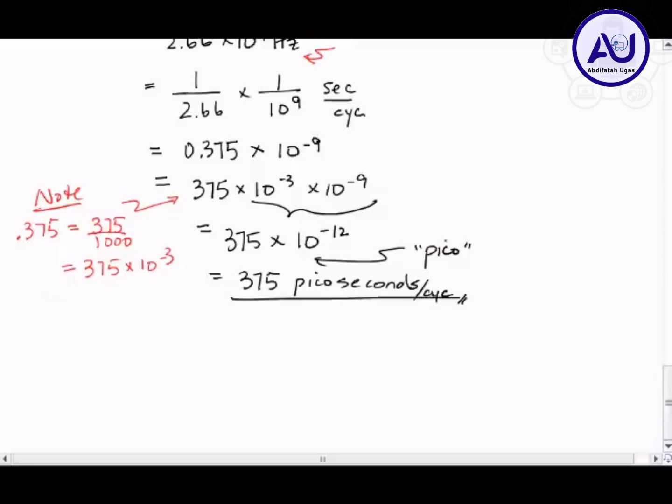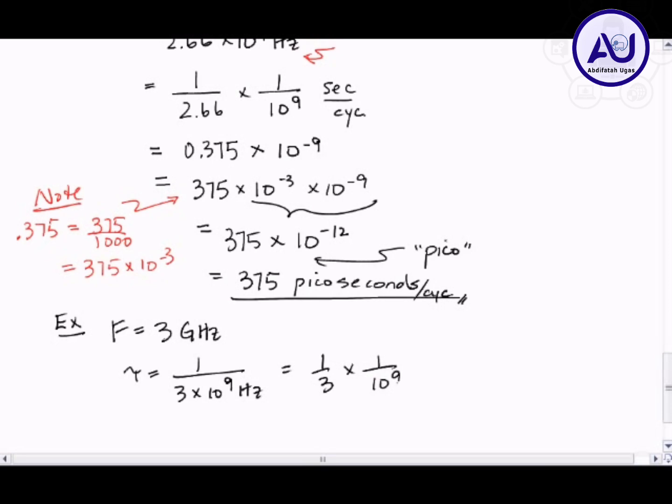Let's do one more example. What if this time the frequency of our processor is 3 gigahertz? Also an Intel chip specification. So 3 times 10 to the 9th hertz. Okay, so let's rewrite that as 1 over 3 times 1 over 10 to the 9th.